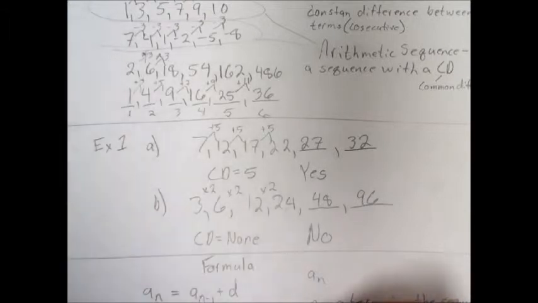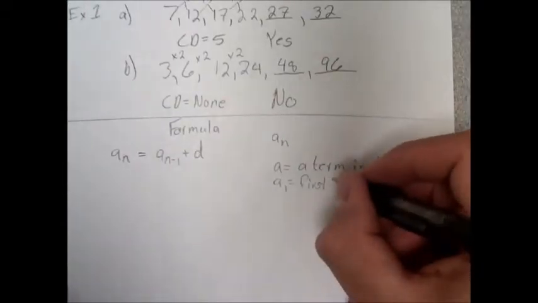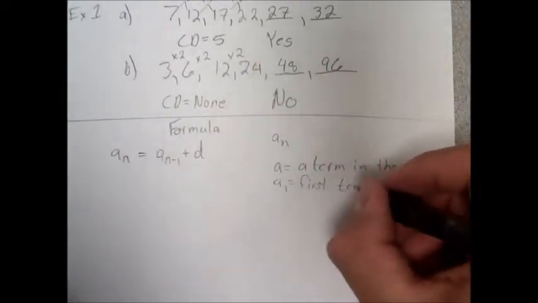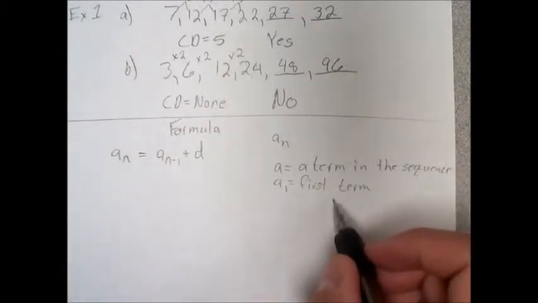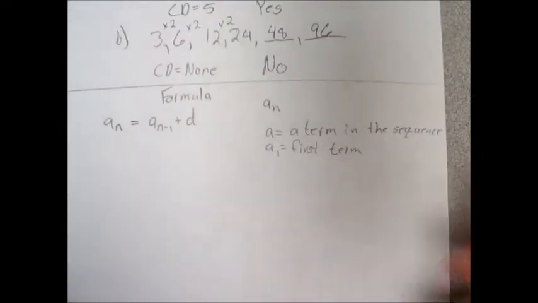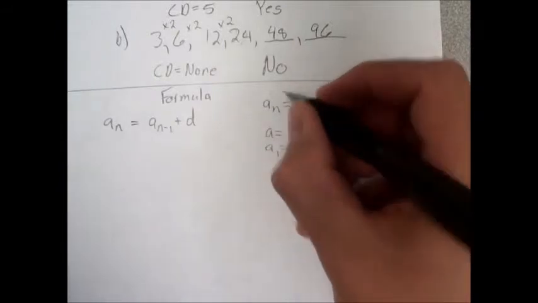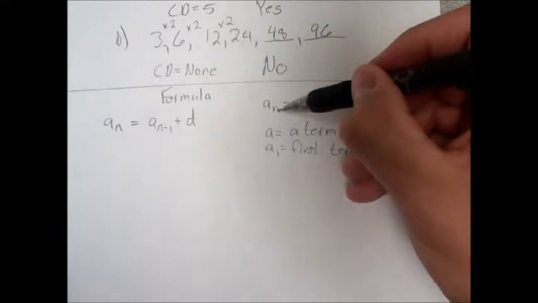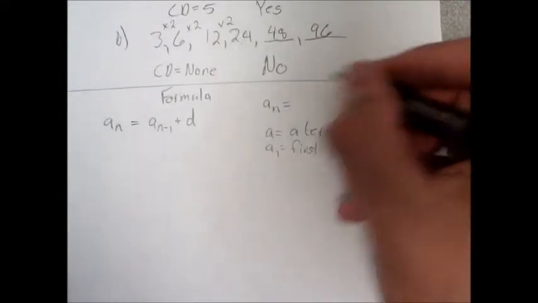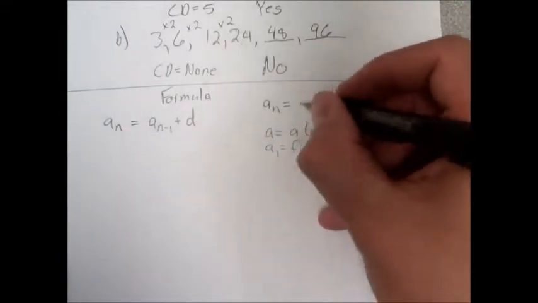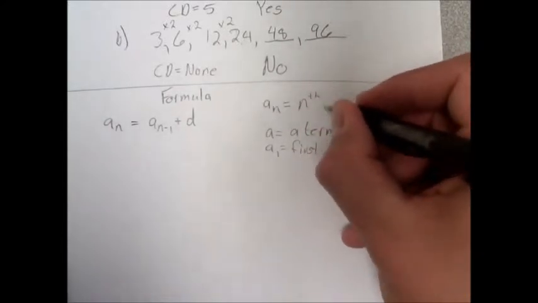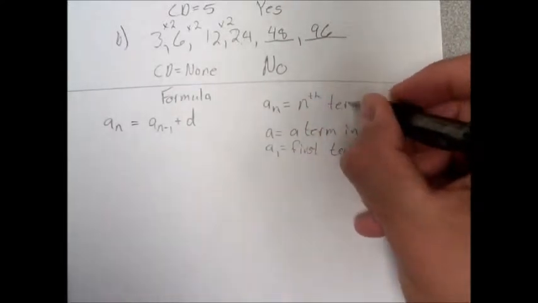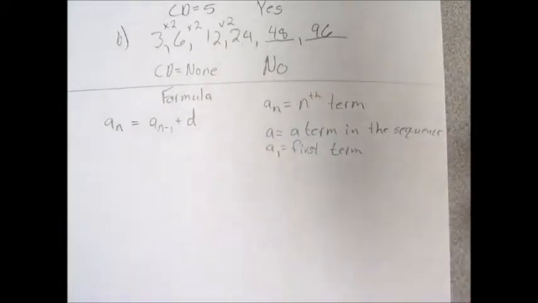Okay? If I said a sub 1, that means that's the first term. So a sub 1 is just the first term. So when I say a sub n, I'm talking in general. It's whatever number term that we're on. It's just the nth term. It's whatever they're asking for.